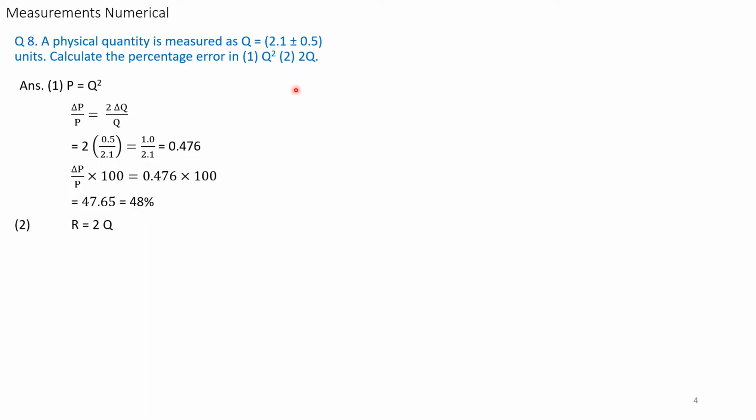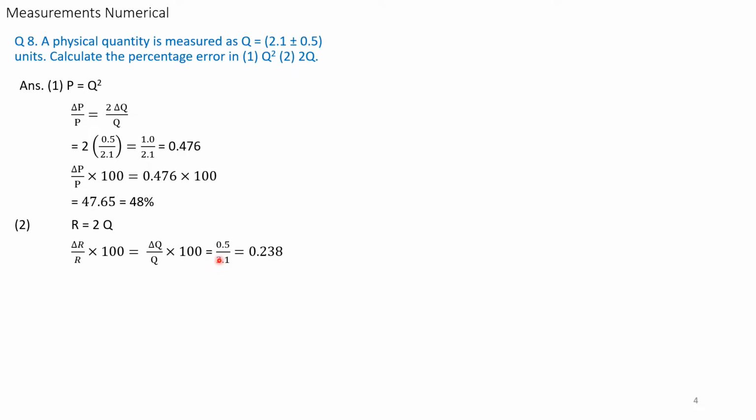Second part, R is equal to 2Q. In the second part, the question asked is for 2Q. Therefore, let R is equal to 2Q. Therefore, delta R by R into 100, the percentage error in R, equals, this 2 is a constant so no measurement, only Q, delta Q by Q into 100.